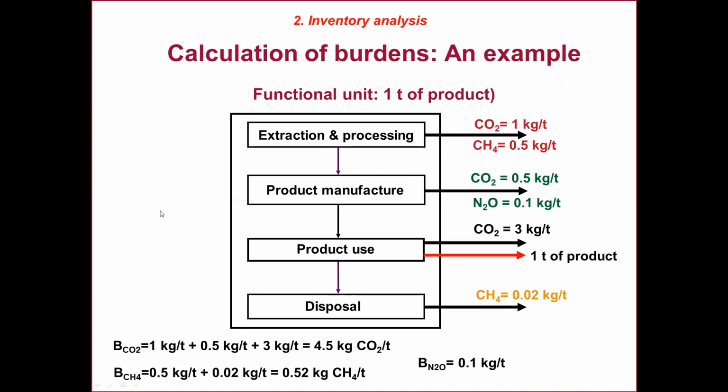From each process, many different types of emissions would occur. It could be sulfur dioxide, or emission of volatile organic compounds. At the same time, a lot of input would be required in terms of materials and chemicals. So in the inventory part, we would be collecting all those data for this functional unit.